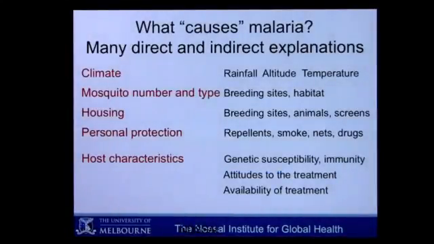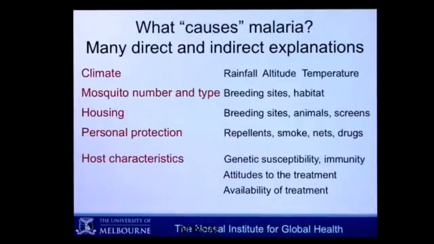So what in fact does cause malaria? It's too simplistic to say, oh, well, it's a malaria parasite in a mosquito, because look at the factors. Climate, and for the life of the mosquitoes, it will depend on rainfall, altitude, temperature, for those cycles that I've already described. So the breeding sites and the habitat. So that, for example, the mosquitoes that transmit dengue tend to bite round your house in small pools of water, and you can get rid of them pretty easily.